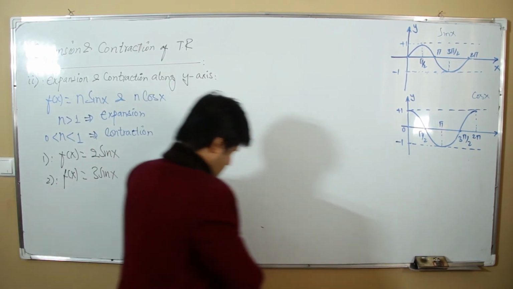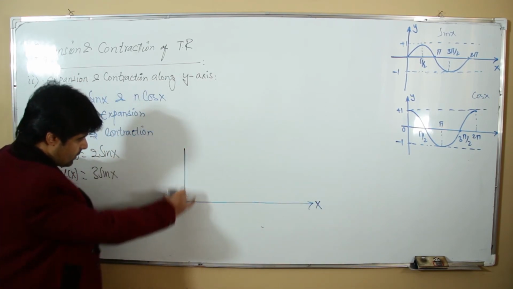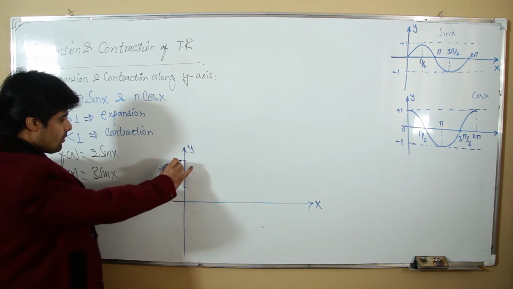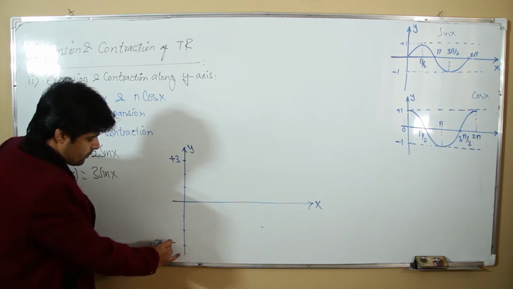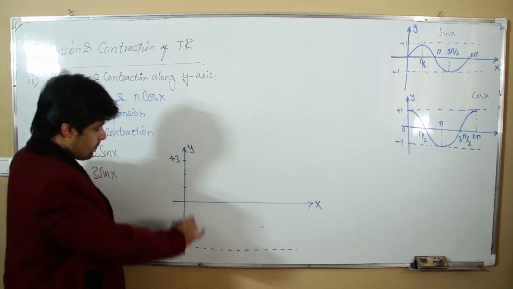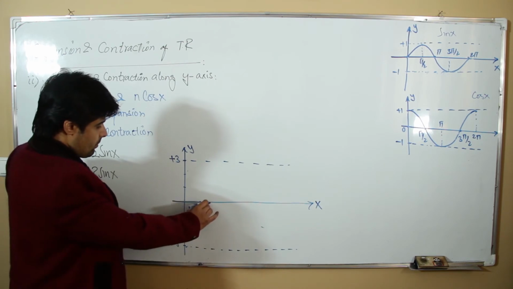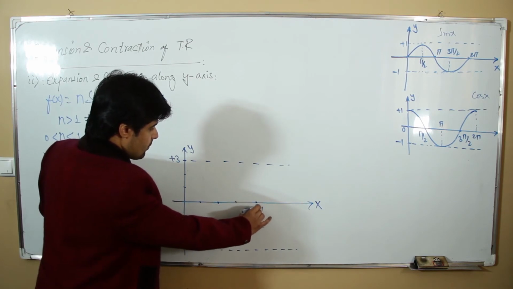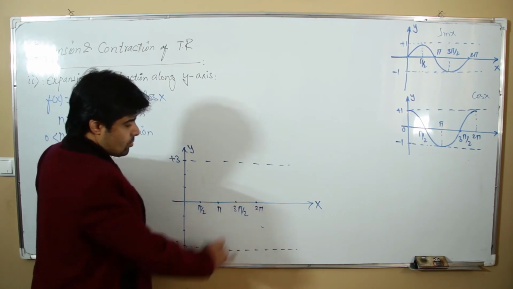Now, this is our x-axis, this is our y-axis, this is positive 1, positive 2, positive 3, negative 1, negative 2, negative 3. Am I right? Yes. Pi by 2, this is pi, 3 pi by 2, 2 pi. Pi by 2, pi, 3 pi by 2 and 2 pi.